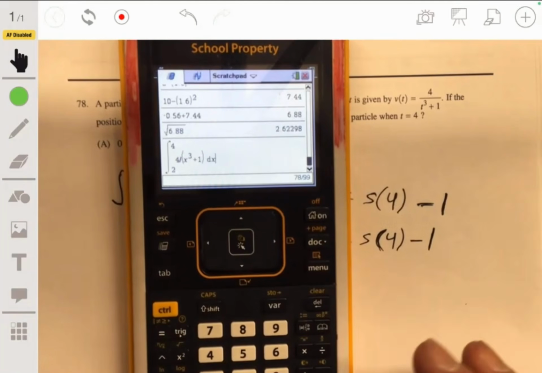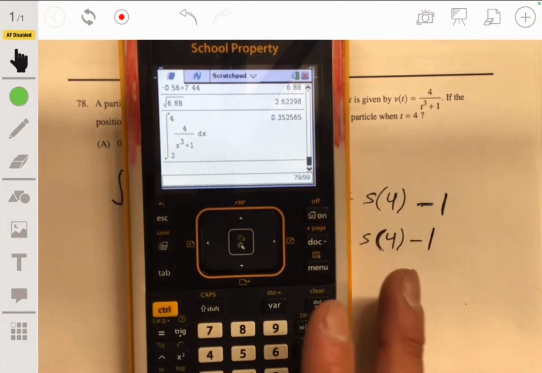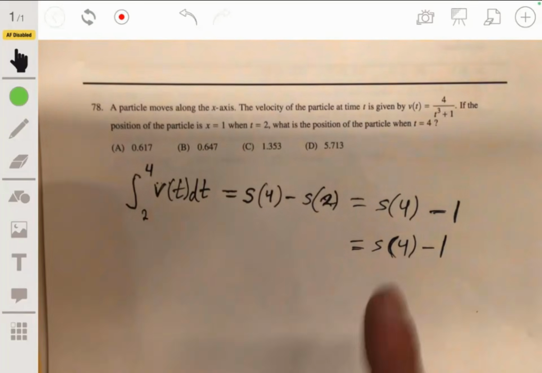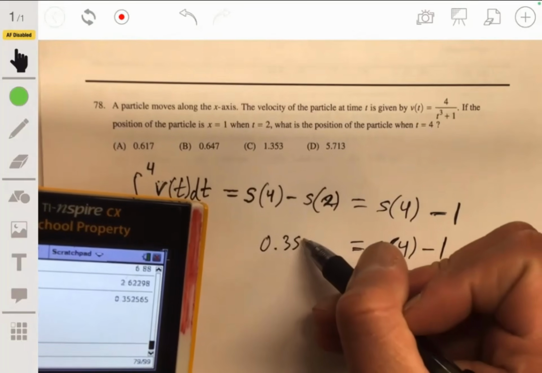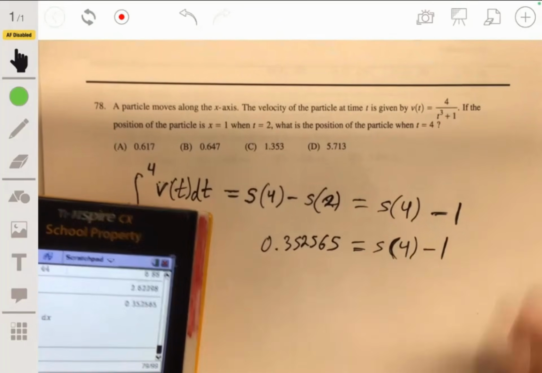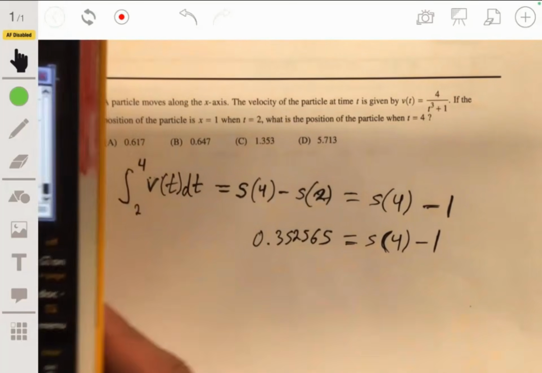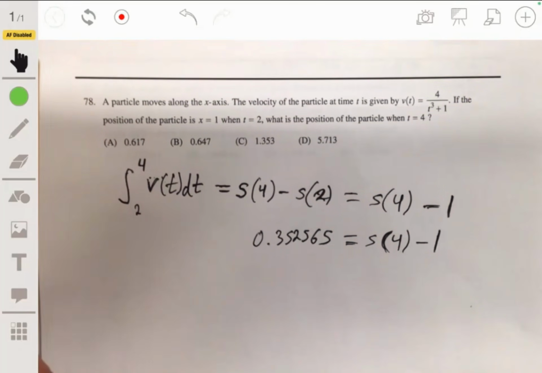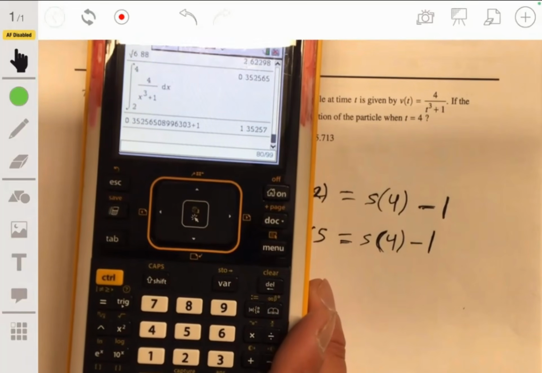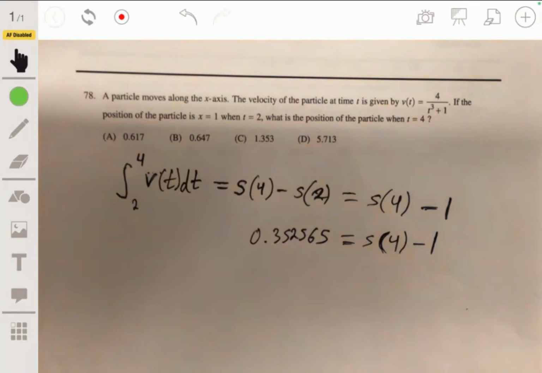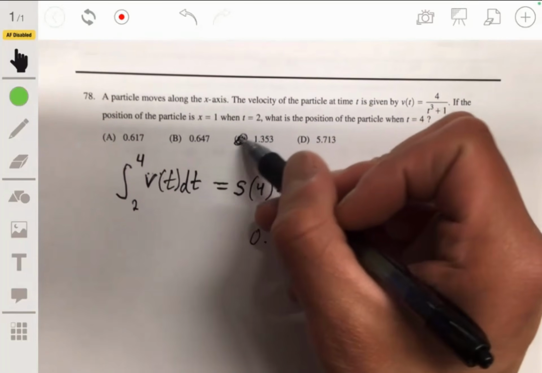And we'll get this. So 0.35-ish is going to be equal to that. 0.352565 equals this. And so we just add 1 to this, and we'll get s of 4 from that. And so we'll get about 1.3527. And so the answer will be C.